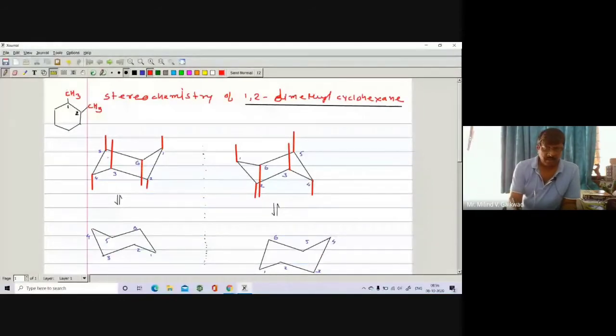Now look here, when ring flipping takes place, it will go into equatorial. So I will write the equatorial bonds. Equatorial bonds I have written in blue in this case.